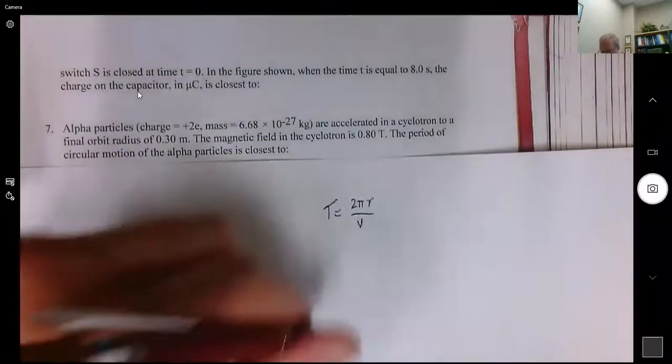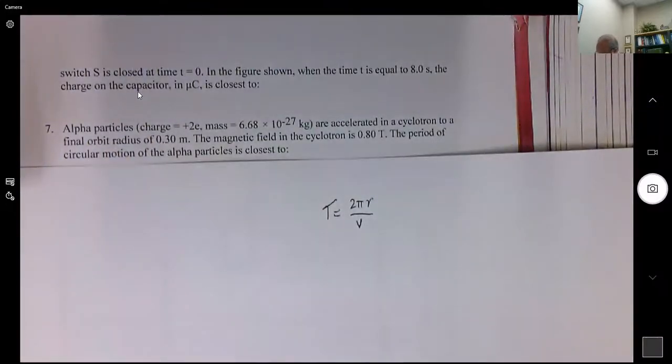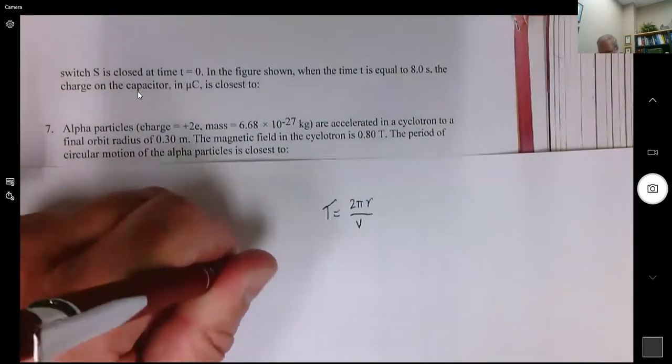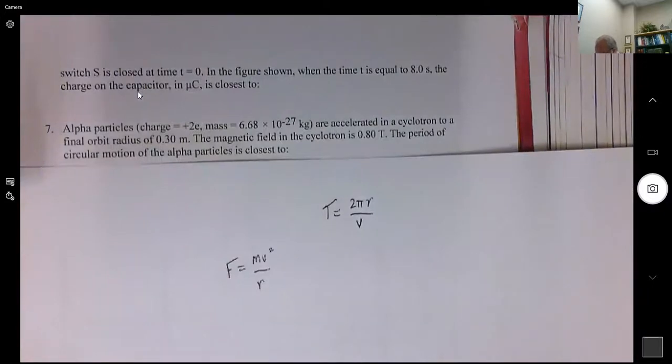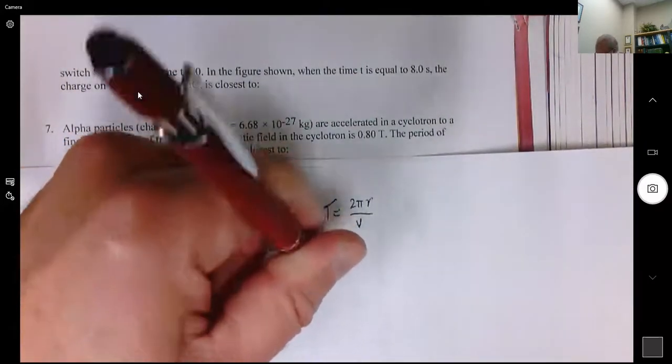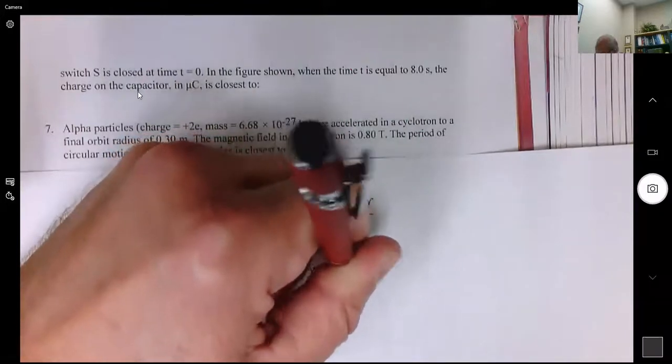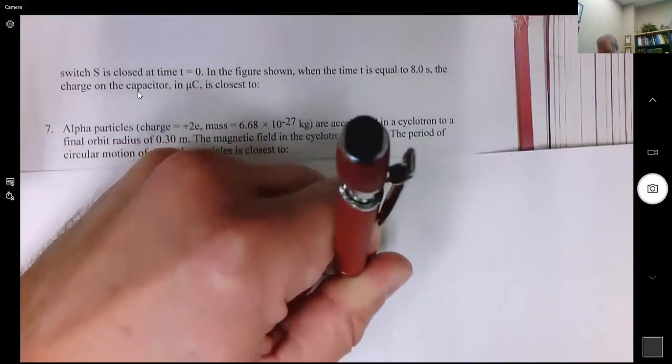So it also turns out that the force is just the mass times the velocity squared divided by the radius, which means also that the radius is equal to the mass times the velocity divided by the charge times the magnetic field.